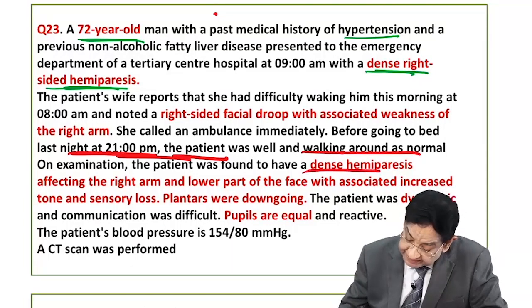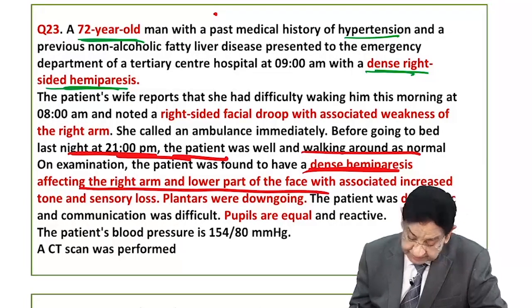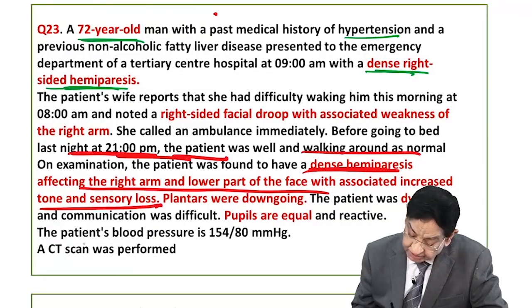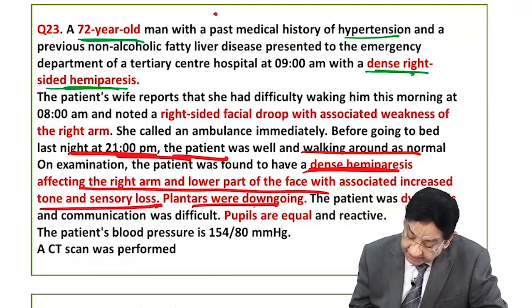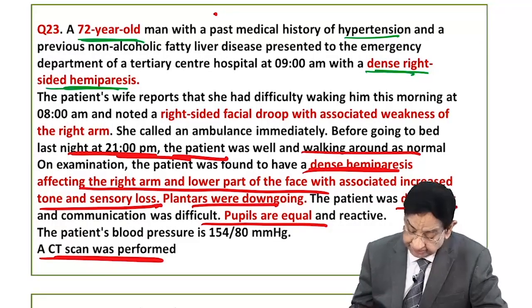But now he has dense hemiparesis of the right arm and lower face, increased tone and sensory loss, plantars are downgoing, dysarthria, and pupils are equal. A CT scan is performed.